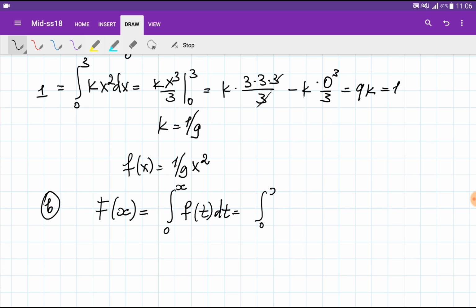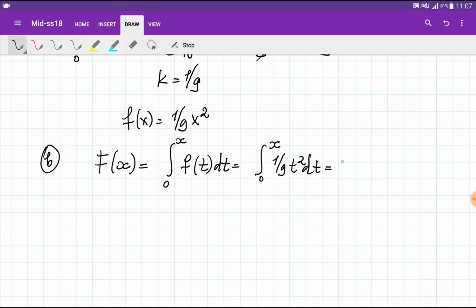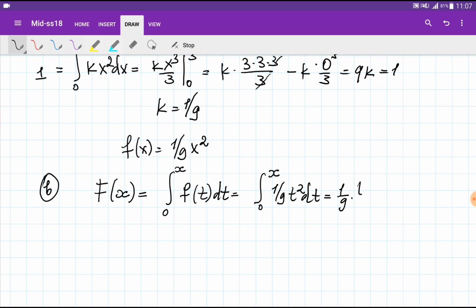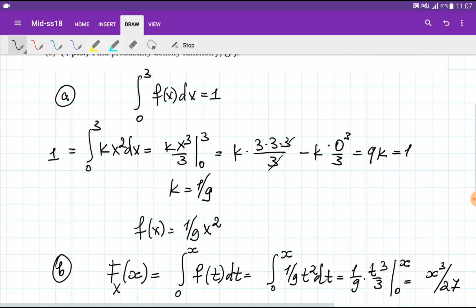So this will be the integral from 0 to x of 1 over 9 t squared dt, right? If I integrate this, it will be 1 over 9 multiplied by t cubed over 3. We put in the values from 0 to x, and this will be x cubed over 27. So this is the cumulative distribution function for the random variable big X, right?